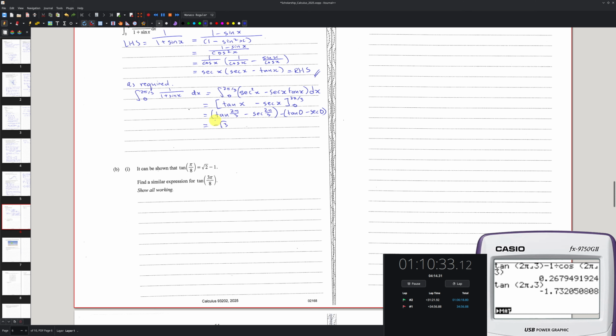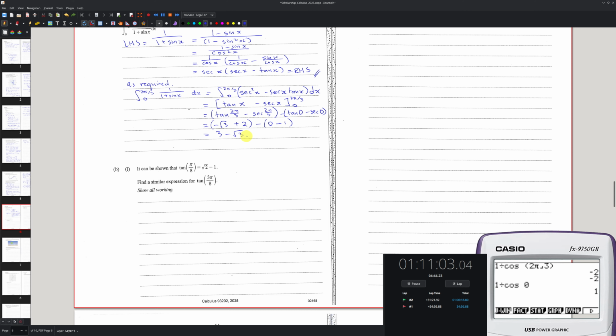Negative root 3 minus sec of 2 pi on 3, and cos 2 pi on 3 gives sec of that as minus 2. So plus 2, minus tan 0, which is obviously just 0, plus sec 0, which is 1. Okay, that's 3 minus root 3. Yippee!